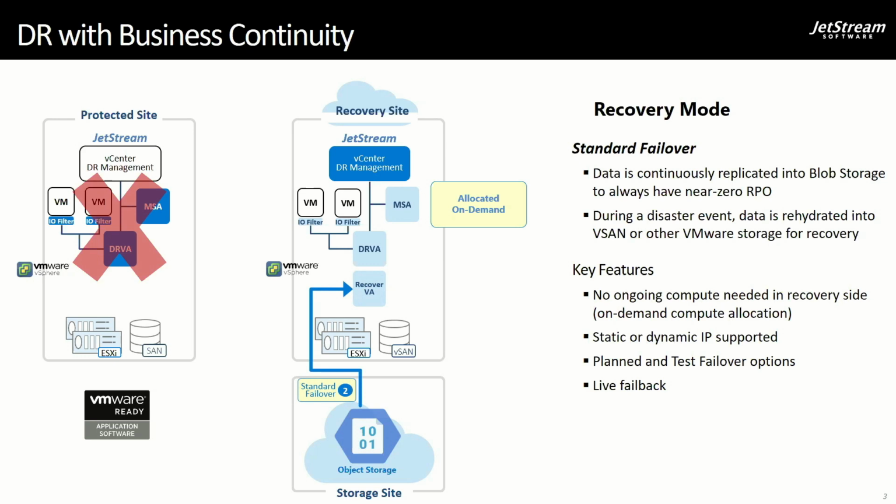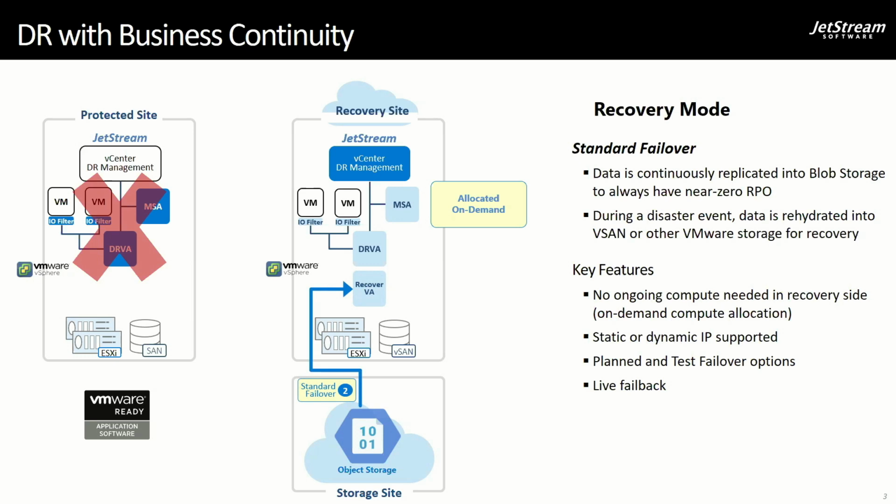Again, the DRVA is responsible for taking the data stream of running virtual machines and replicating it to the object store. We require those to be configured on the recovery site because as soon as we finish the recovery of the virtual machines, as soon as the failover is there and the virtual machines have been powered on according to the runbook, we immediately resume protection.